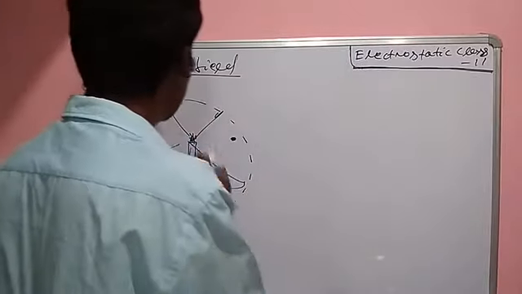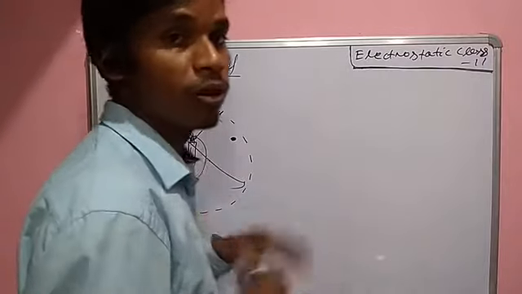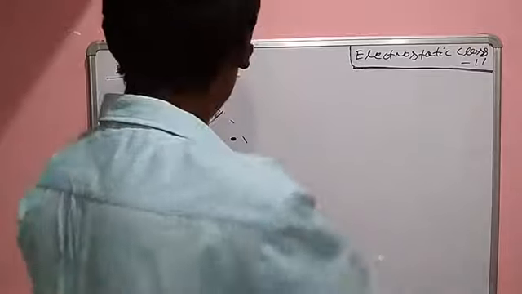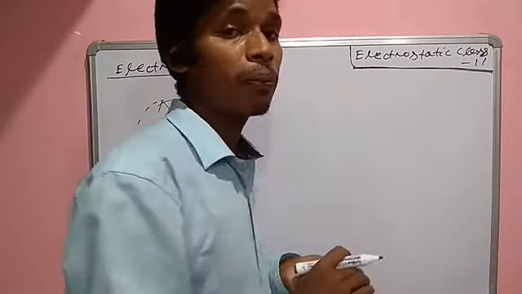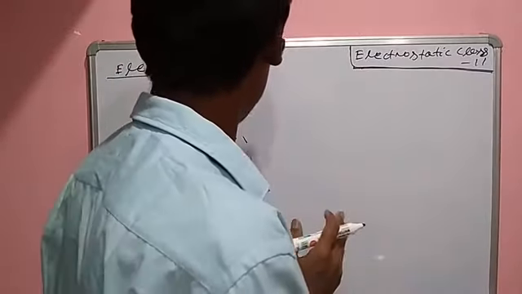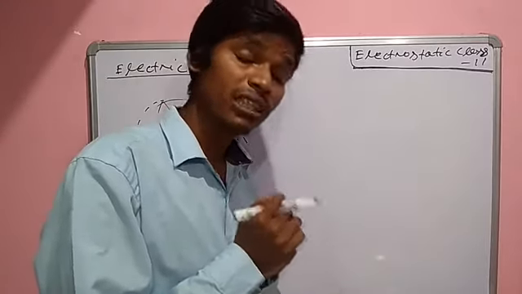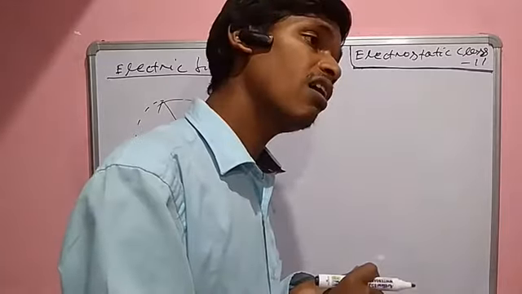ड्यू टू कैंडल द लाइट इंटेंसिटी field is modified. Before the candle, the area is a darkness area. After using the candle, the area is a lighting area. That means from this explanation, from this practical, the area is modified. Before candle, darkness area.